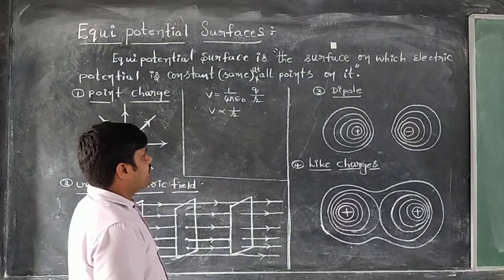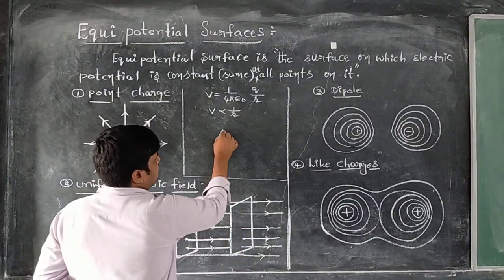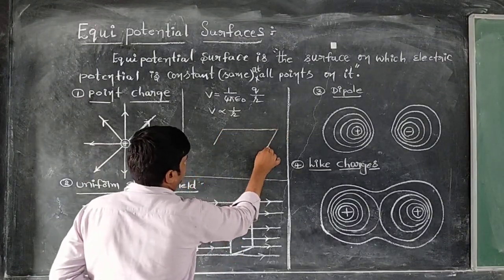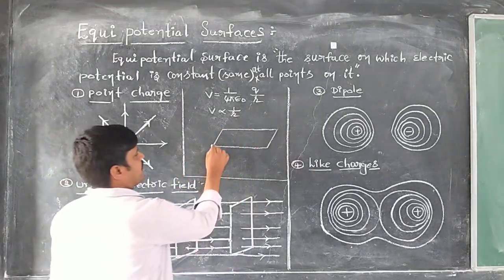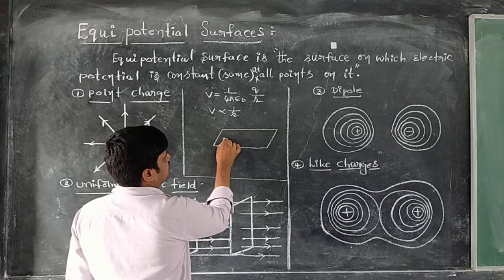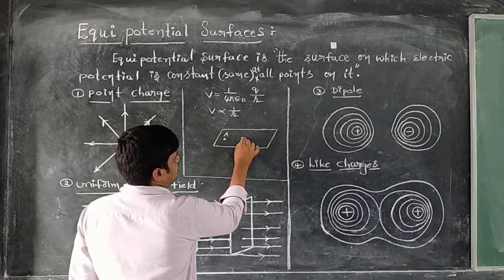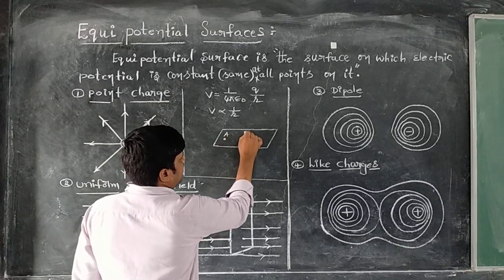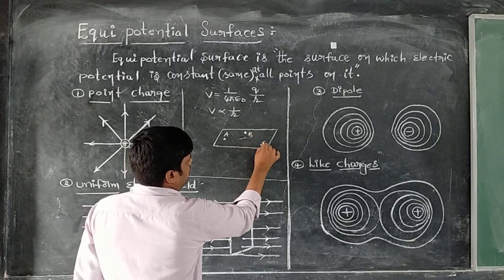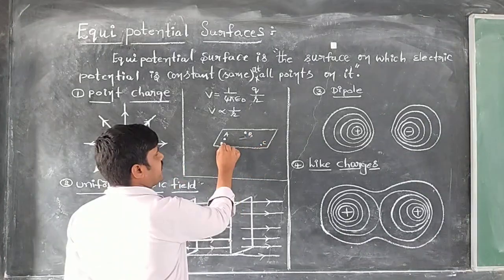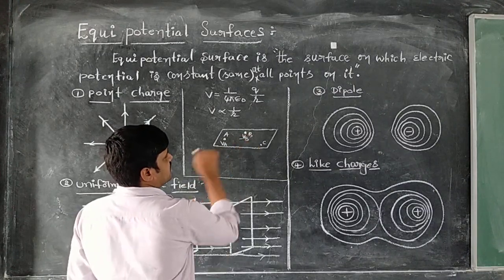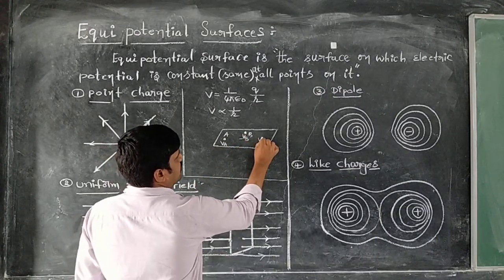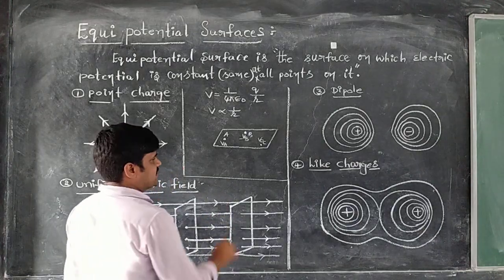Next, if you take any one surface, here I am taking one plane surface. On this surface I am considering three points: A, B and C. At point A the potential is VA, at point B it is VB, and at point C it is VC.